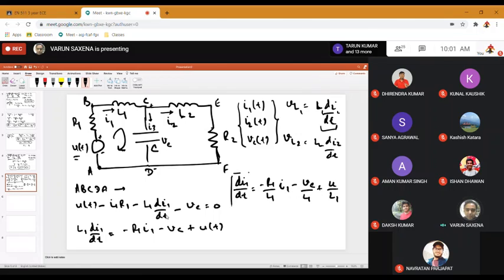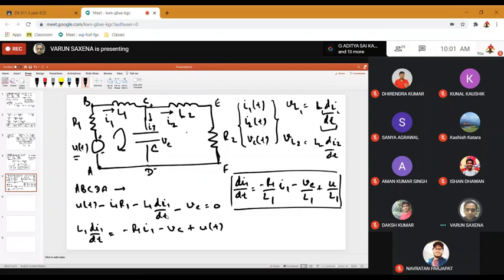So this is the first equation in terms of state variables and input. This is L1, L1. Okay, this is the first equation.